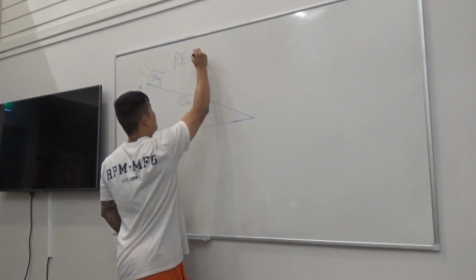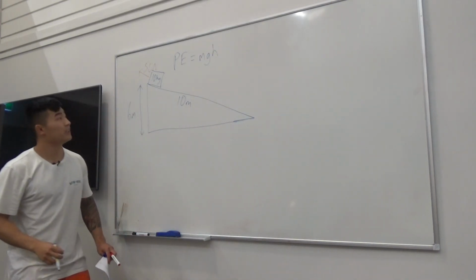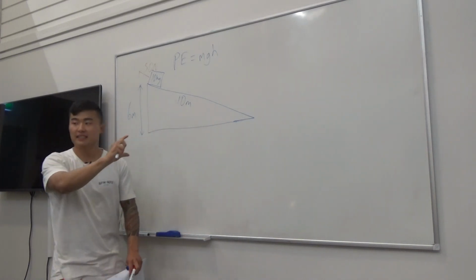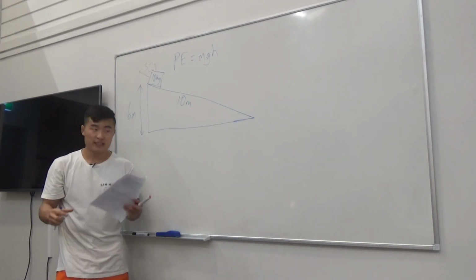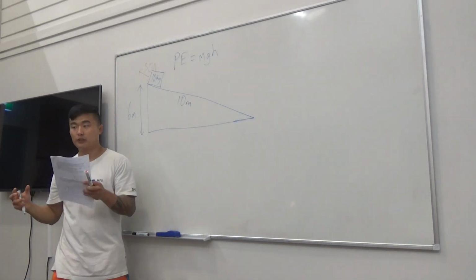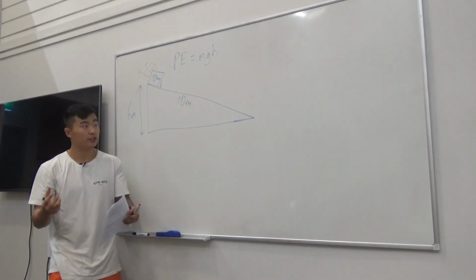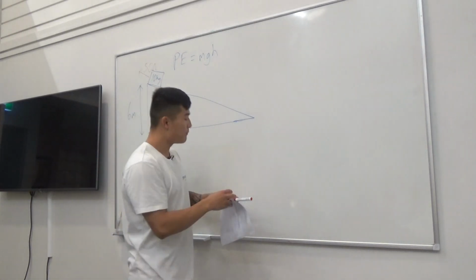Potential energy is equal to mass times gravity times height. As it goes down this ramp, it's losing height, so it's going to lose potential energy, but energy cannot be created or destroyed, so it must be converted into kinetic energy, and it's going to gain velocity.